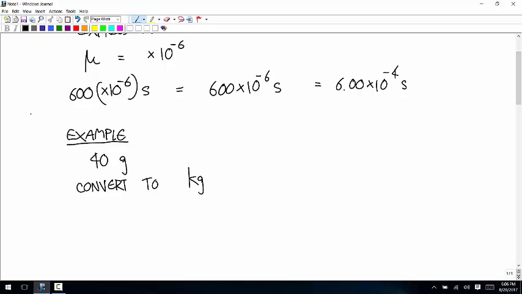So this is the opposite of what we did before. We have something with no prefix, and we want to go to something with a prefix.